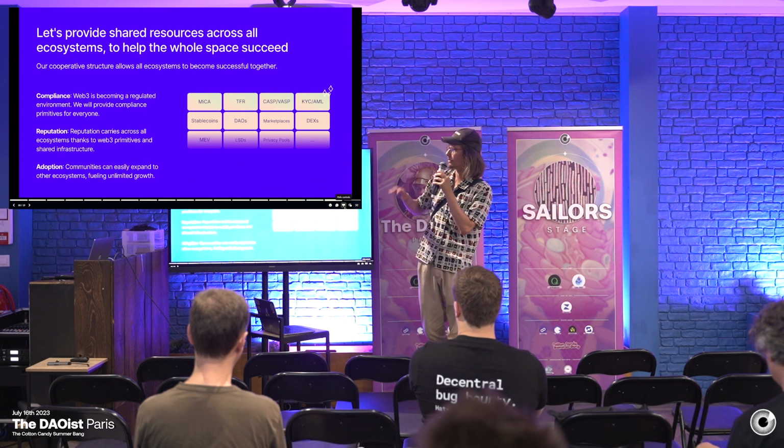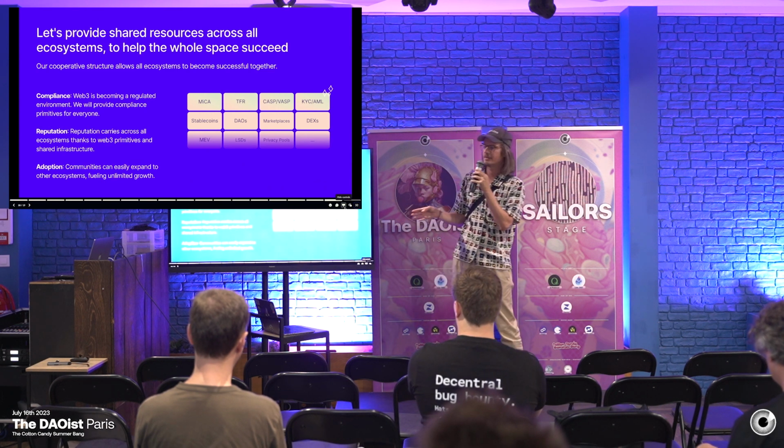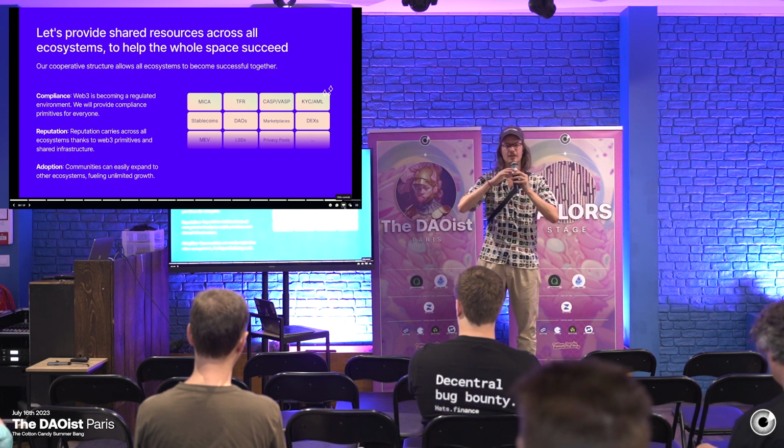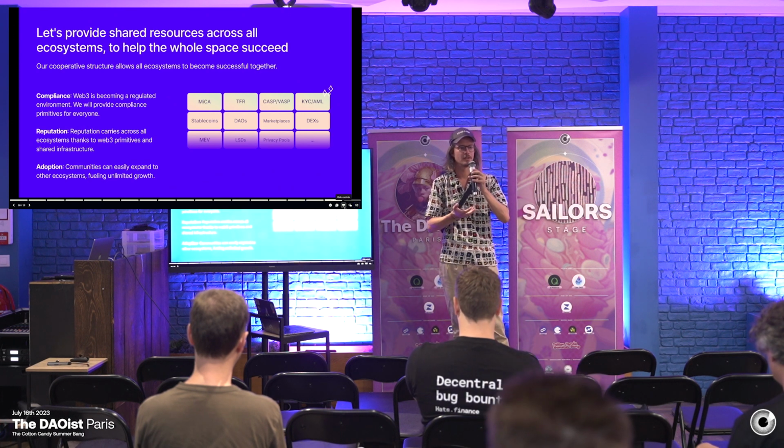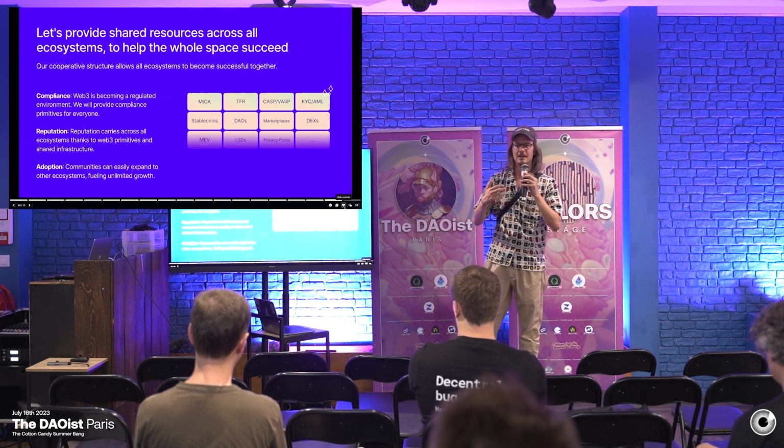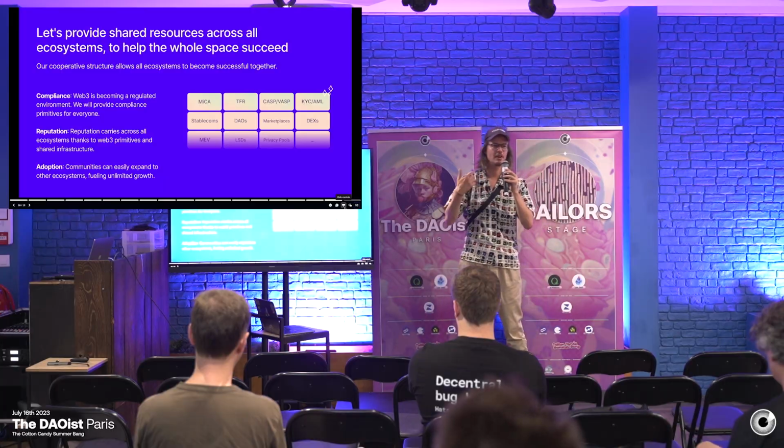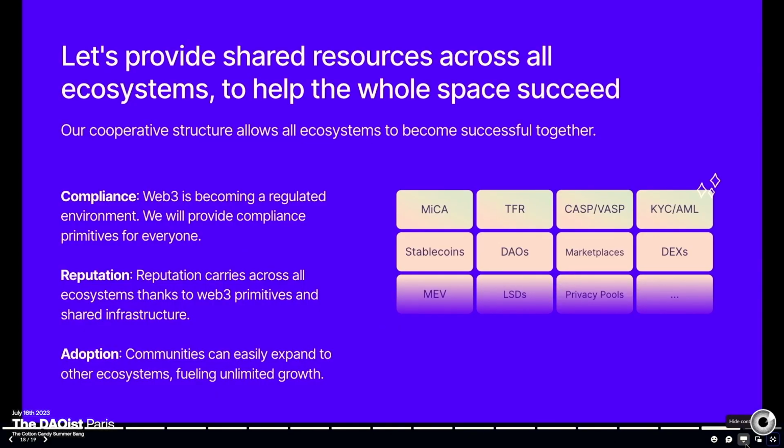And I think what's really cool about this cooperative as well is that the cooperative can function as a sort of legal liability layer. So the cooperative can actually get licenses for providing financial market infrastructure, and the communities and ecosystems building or being part of this cooperative can benefit from these licenses and actually get compliance from that.